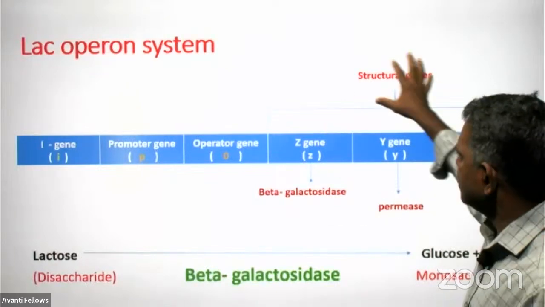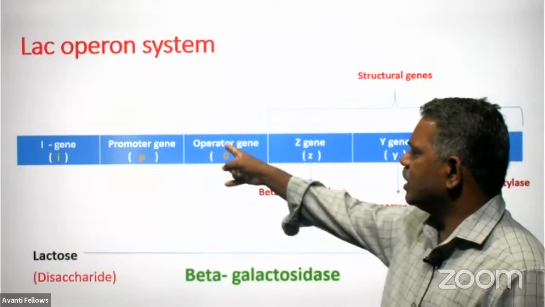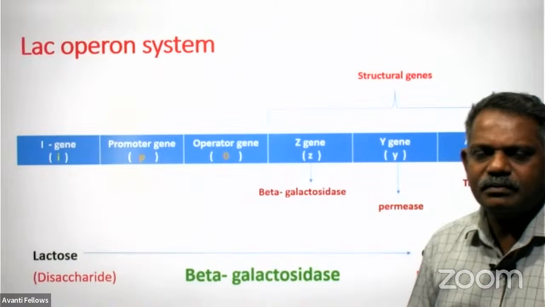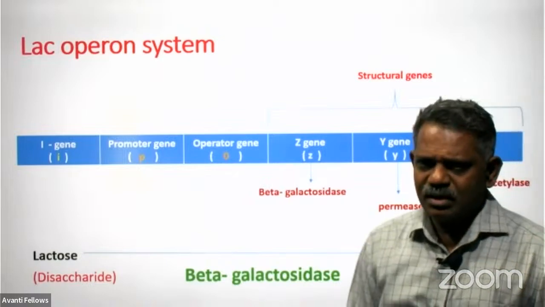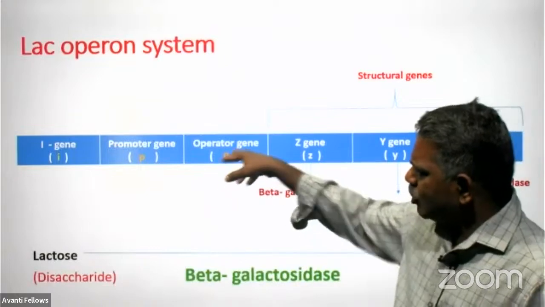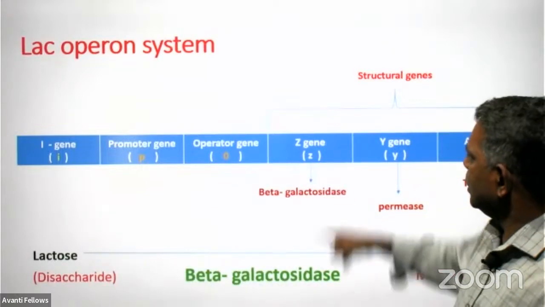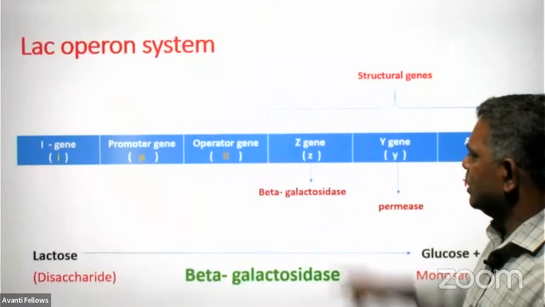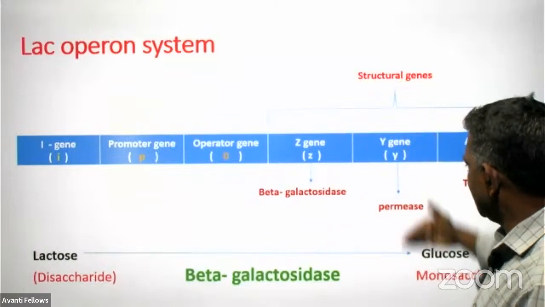And this structural gene is operated or regulated by another gene called the operator gene. That works here in the system as a switch. Whenever the operator puts the switch on, naturally it makes all the genes present in the structural gene, Z gene, Y gene, A gene, produce these enzymes together.